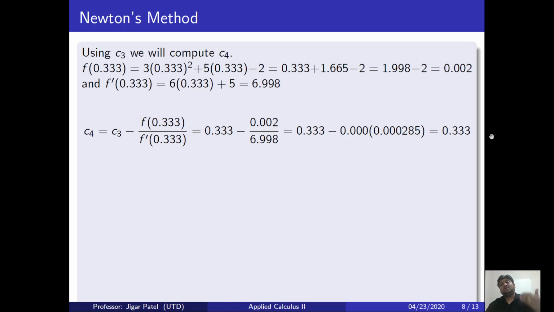Now C4 is 0.333, C5 is going to be 0.333. Any approximation that you do, if you are looking for a 3 decimal accurate result, this is the answer that you are going to get, meaning that the zero of that polynomial is really 0.333.